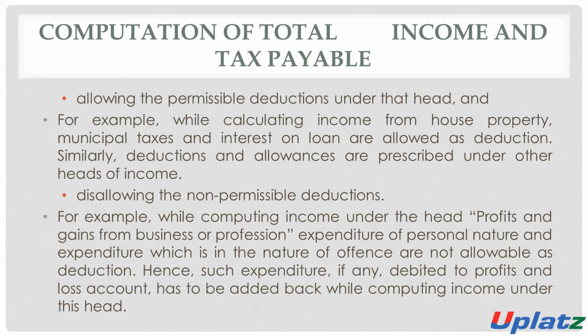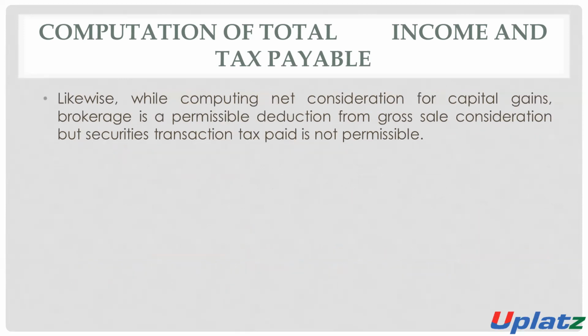So the expenses which are required to be disallowed, we will disallow when we compute the income which will be taxable under the particular head.